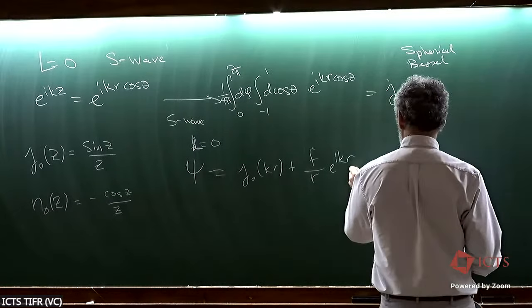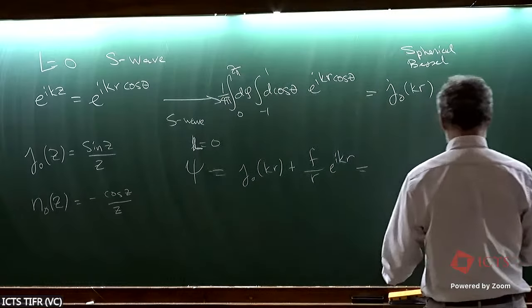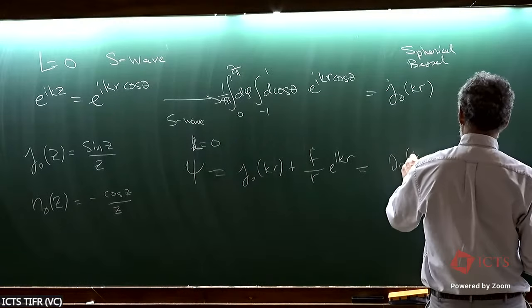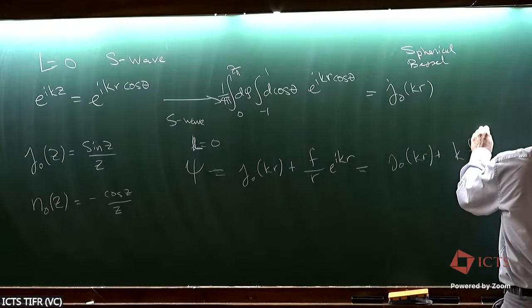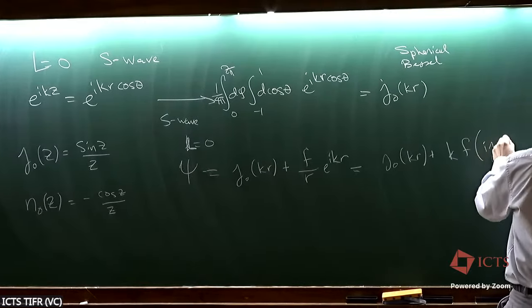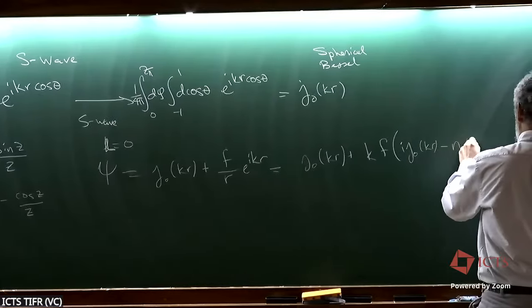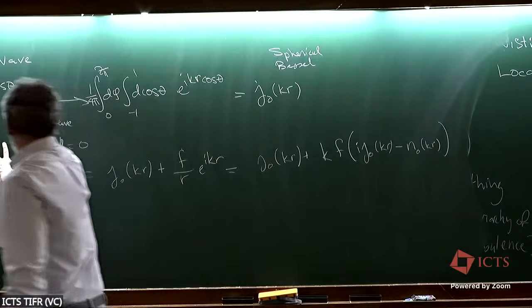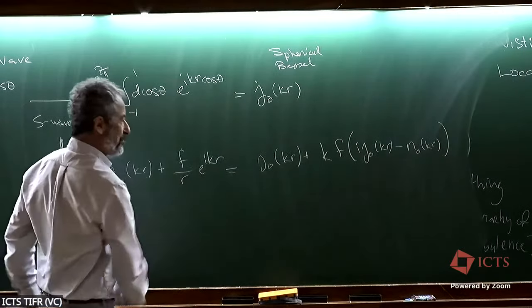And we can rewrite this e to the ikr over r in terms of the Bessel function. So we can rewrite this as J0 of kr plus k times f times i J0 of kr minus N0 of kr, which, you plug in these functions here and you'll see that this is exactly equal to that.